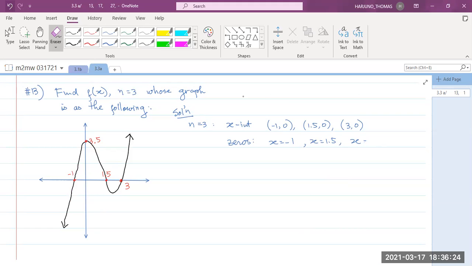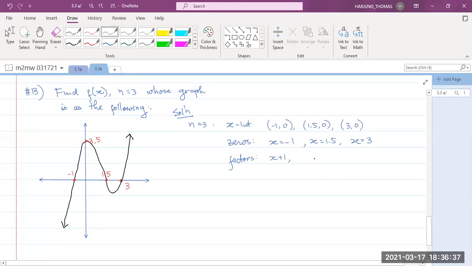Now, because those are the zeros, the factors are x plus 1, x minus 1.5, x minus 3. So f(x) equals a times (x plus 1)(x minus 1.5)(x minus 3).